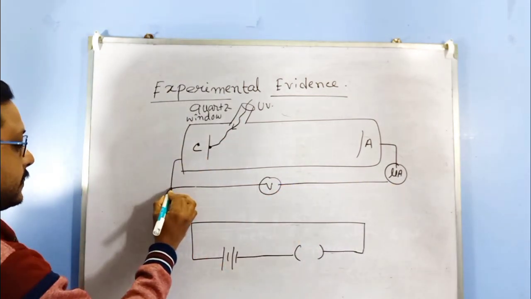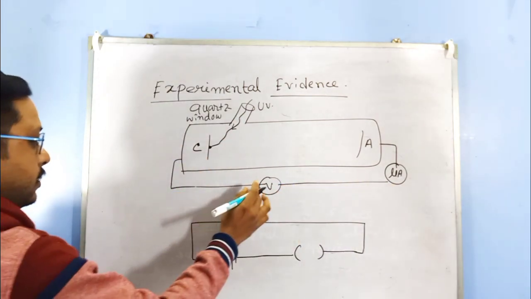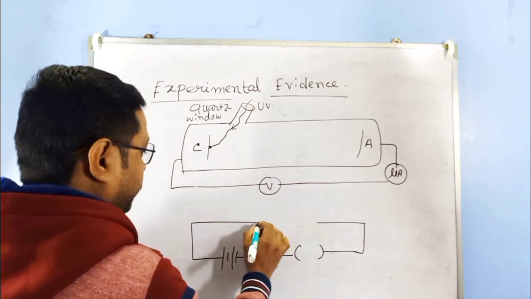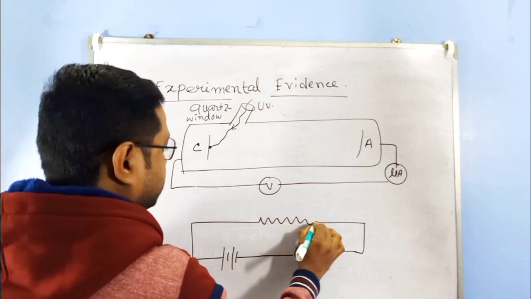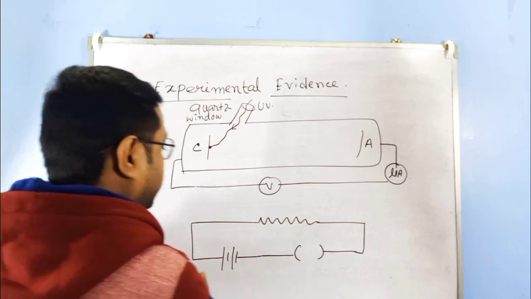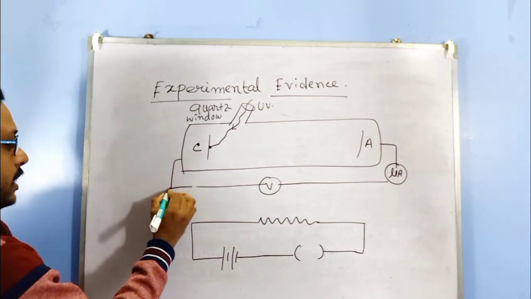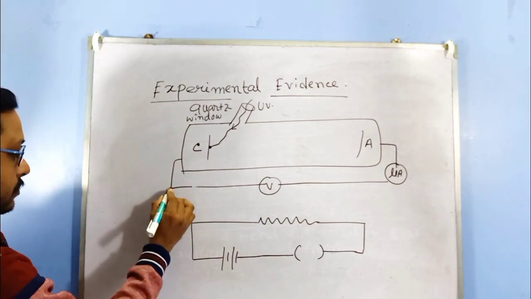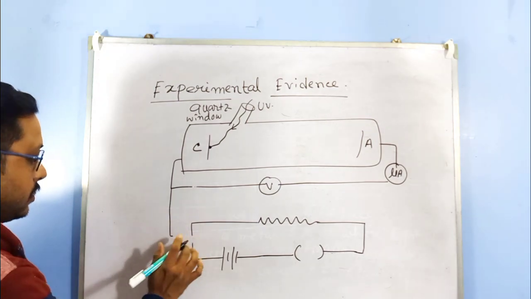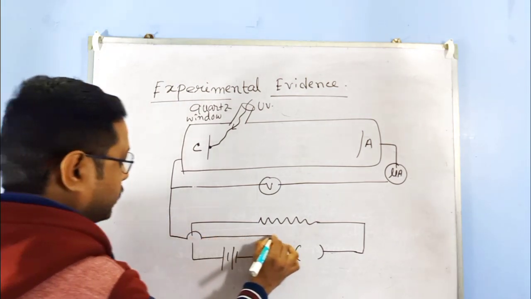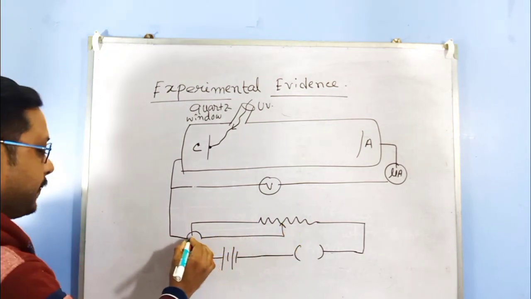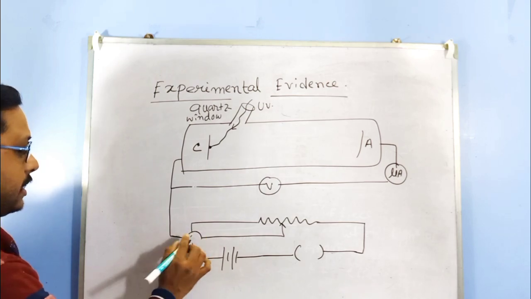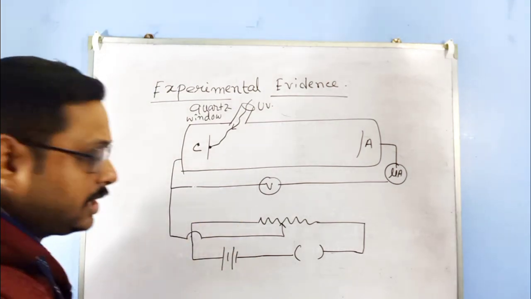Then a potential divider is set up. The cathode is connected at the midpoint of the potential divider.